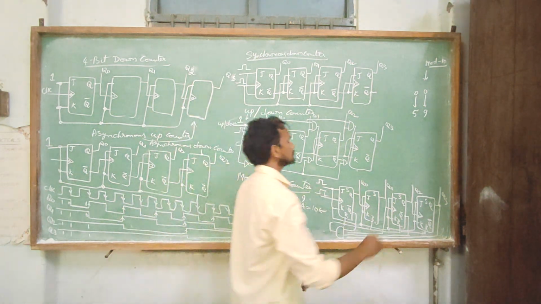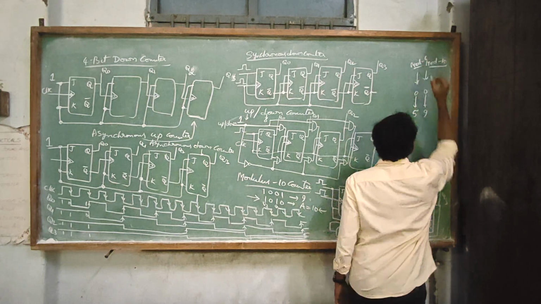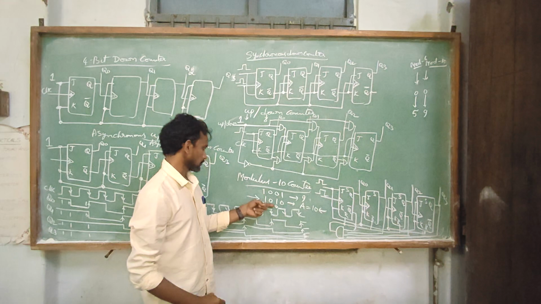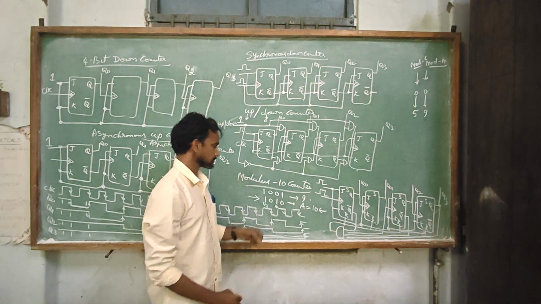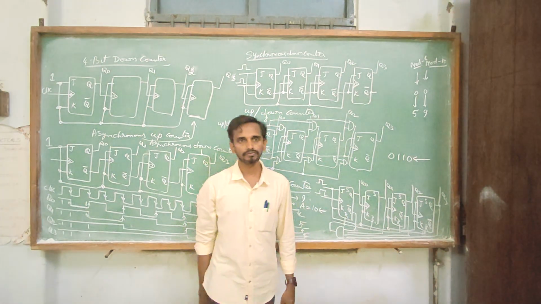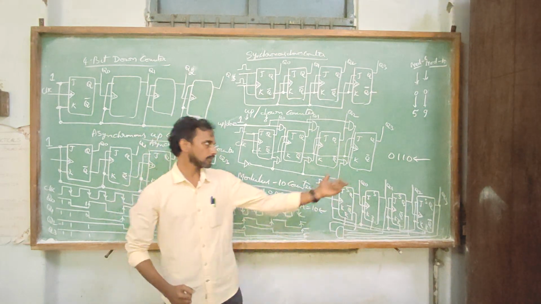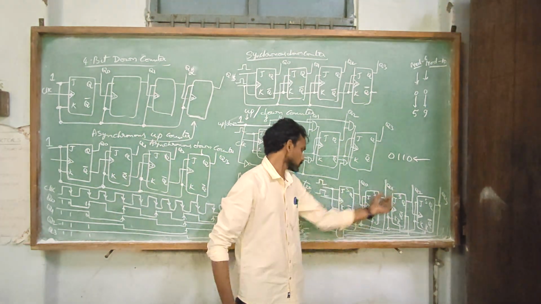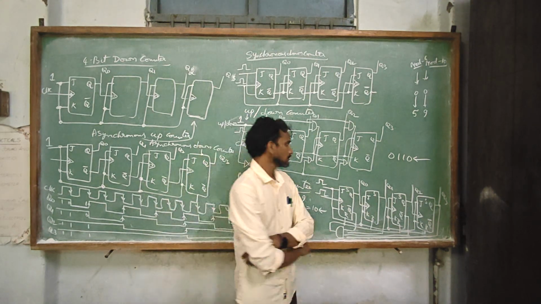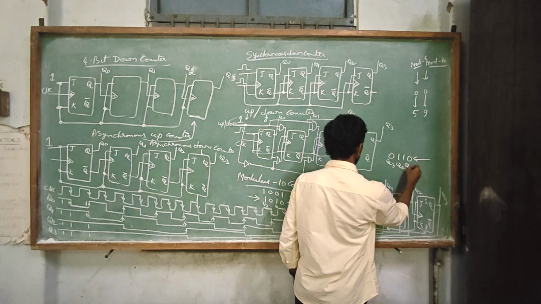So here we have to use a mod 6 counter. So mod 6 counter means what? We have to see where we get 6, like 0, 1, 1, 0. So we have to give those outputs to the AND gate. So what do you have to give? Q3, Q2, Q1 and Q0.